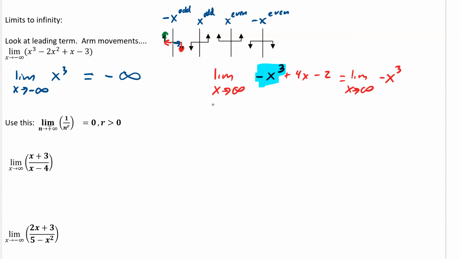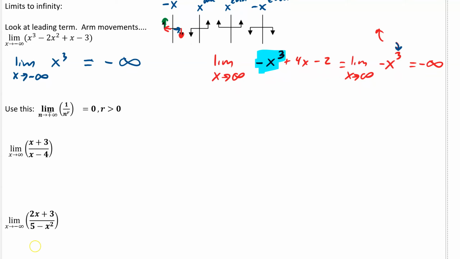Well, negative x cubed goes up, and then it goes down for its end behavior. We are looking for the positive side, so this one. And which direction is it going? It's going down, meaning our answer would be negative infinity. Okay, so that's how you want to look at polynomials. Just look at the end behavior for each of your functions.